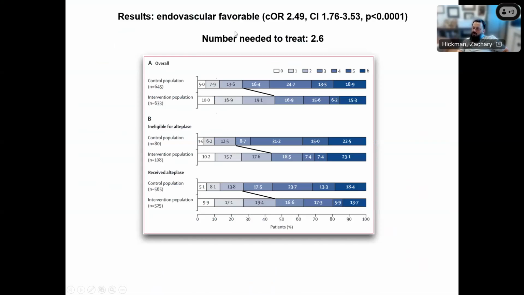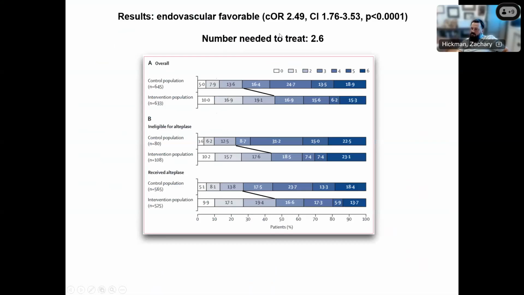But recently, as the technology has become more sophisticated, and as the workflows have developed to allow people to do thrombectomies earlier and to get to these patients sooner so that they can recanalize and reperfuse the brain earlier on, it's been very clear that neuroendovascular treatment is significantly favorable in the vast majority of these patients.